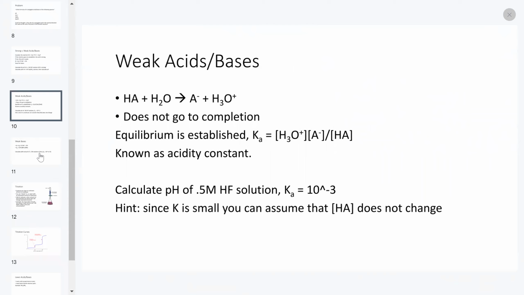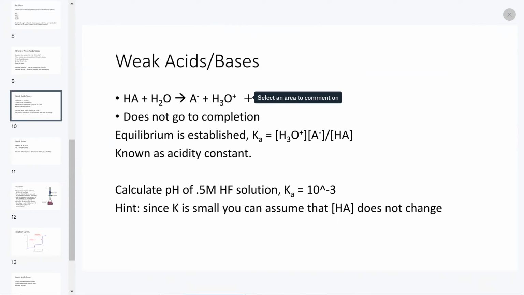So now we're ready to talk about weak acids and bases. And unfortunately, these are a little bit more complicated than strong acids and bases, but they're not too bad. Just treat them as normal equilibrium, okay? It's a normal equilibrium problem. So we have this reaction, generic weak acid HA plus H2O goes to A minus plus H3O plus.